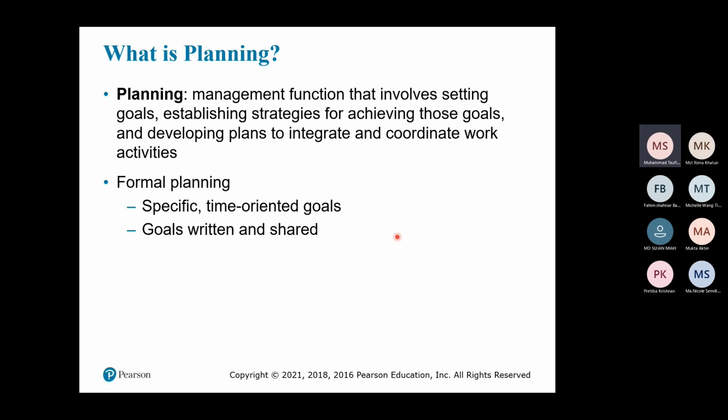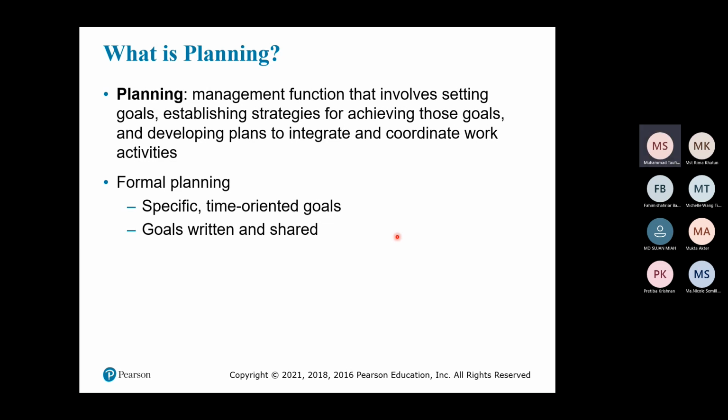So the management function involves setting goals. In planning, the first thing we do is set the goal. Based on the decision that we make, we already know what we want to do, so we make a goal, and then we create a strategy on how to achieve the goal.